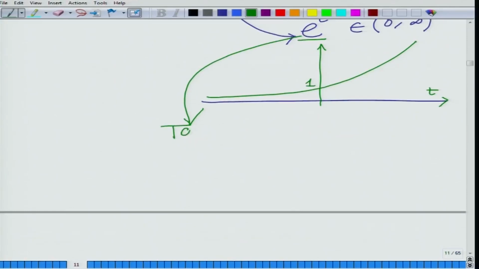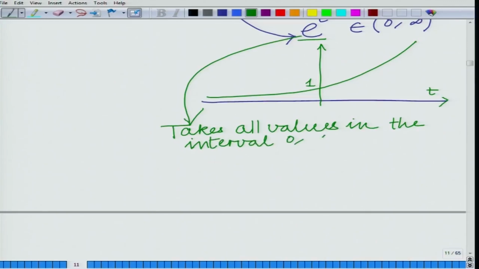It's a continuous time signal and takes all values in the interval 0 to infinity.